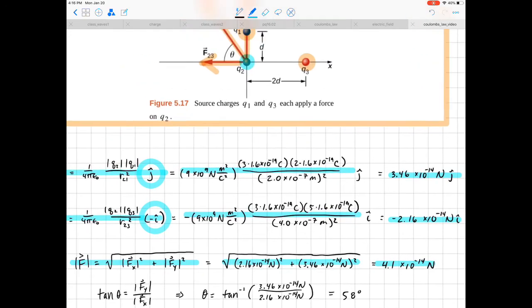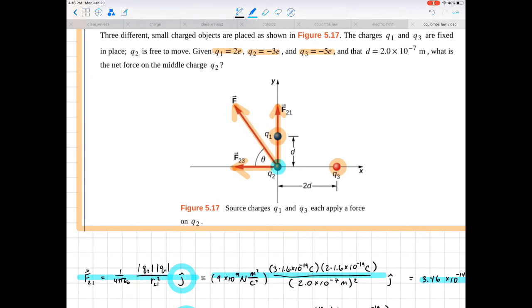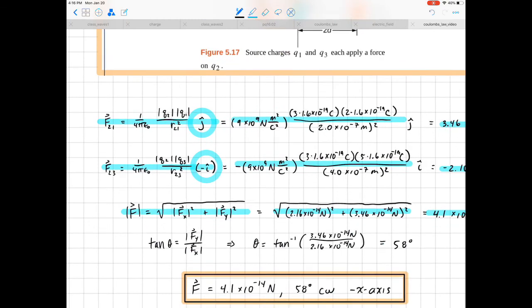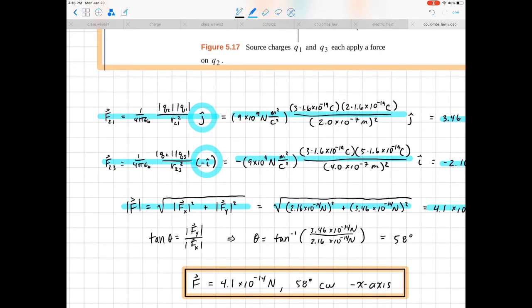Now I also need the direction, and so you can see in this picture, I've already defined the angle theta as the angle above the negative x-axis, or the angle clockwise from the negative x-axis. And so I can write out the tangent of that angle is going to just be the ratio of the y component divided by the x component.